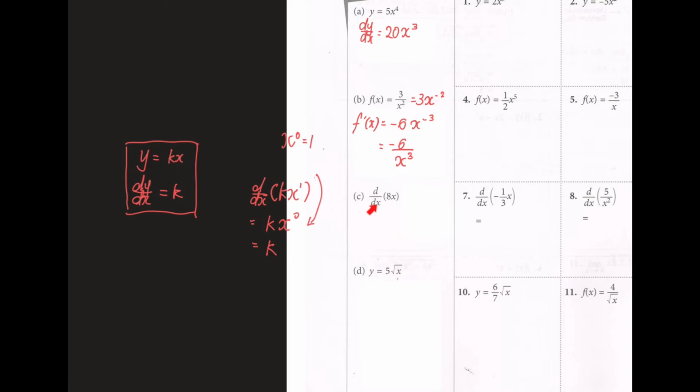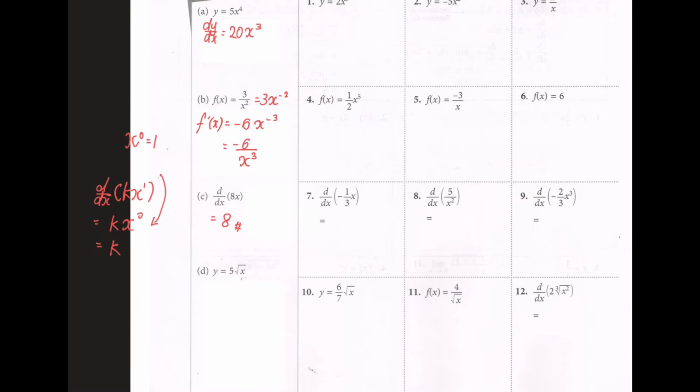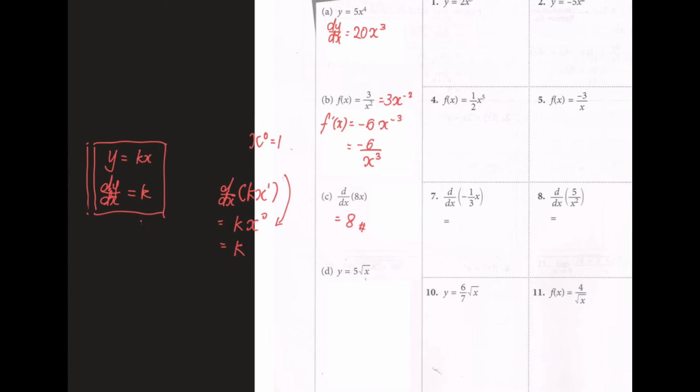So when you differentiate 8x, then you get 8. If you want to do this process, just go ahead: power 1 multiply with k, then 1 minus 1 becomes 0. If you want to do it step by step, it's okay. Or if you want to do it straight away, that will be better. So the differentiation of 8x is 8. This is only true for x power 1. Remember that, for x power 1.